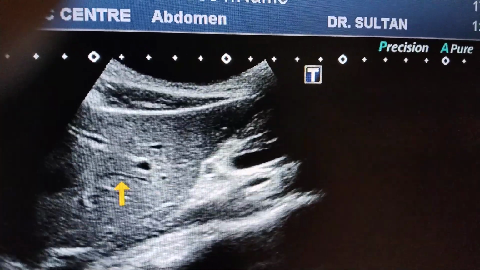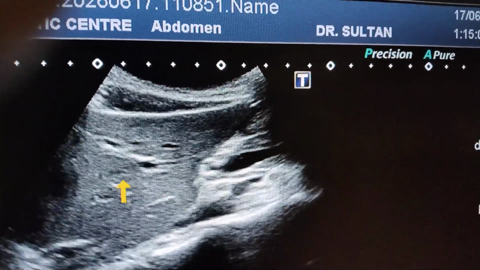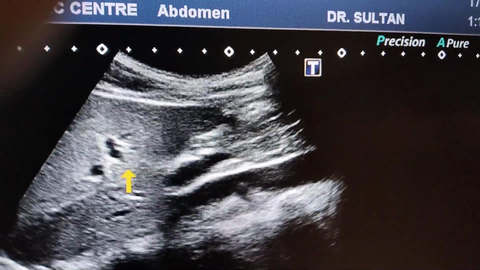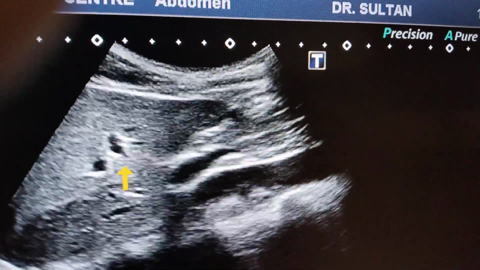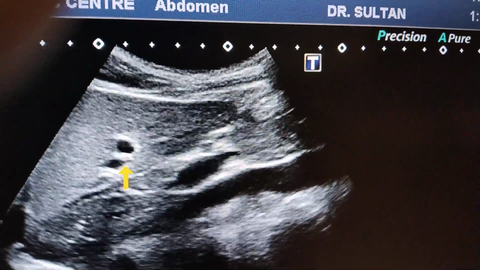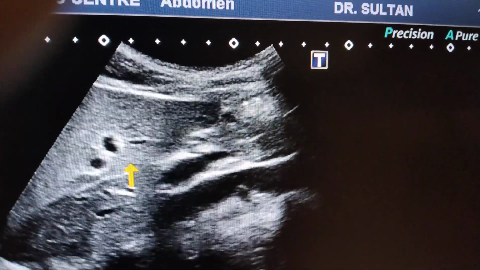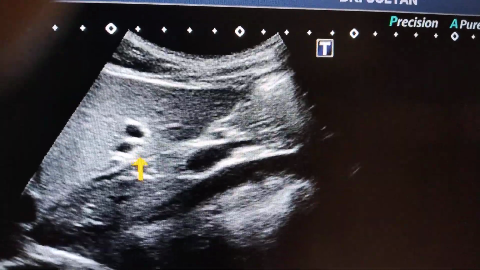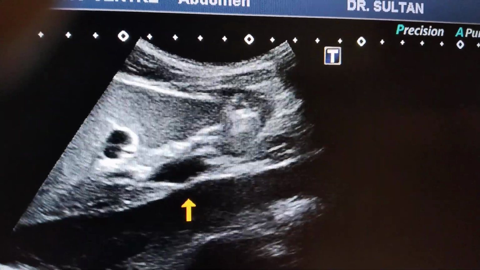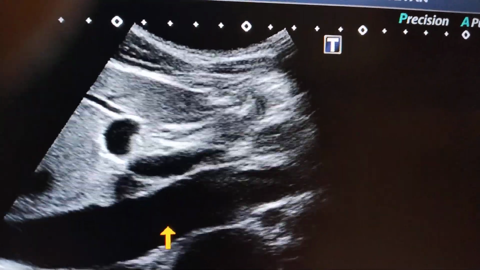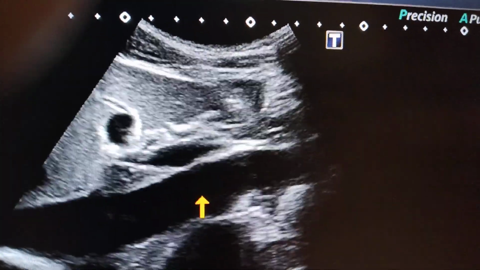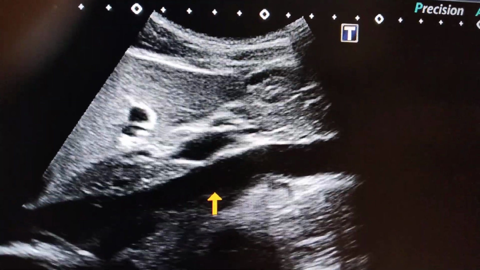Then slightly drag the probe toward the lateral side. When we reach the lateral side, while the probe is in longitudinal direction as it was previously, we will see this black structure, which is the inferior vena cava.